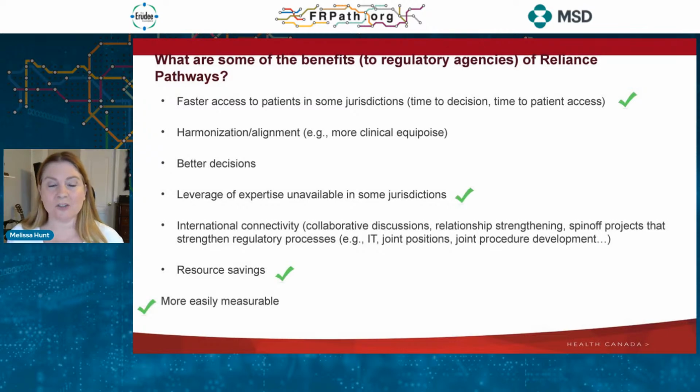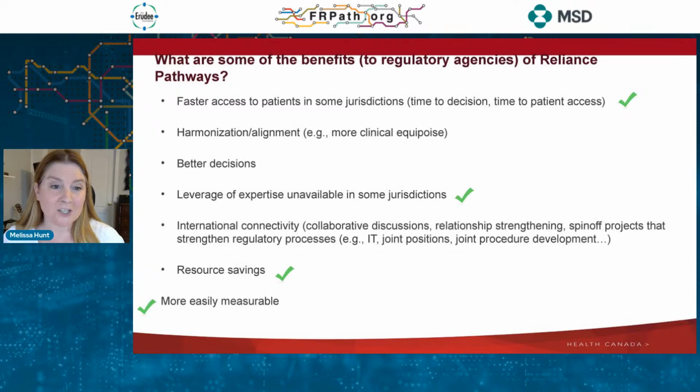Then there's the international connectivity, collaborative discussions, strengthening of relationships, and the benefits of that were quite evident to Health Canada throughout the COVID-19 pandemic, where some of the relationships we had cultivated over the years became very, very necessary to move things along in a global manner.